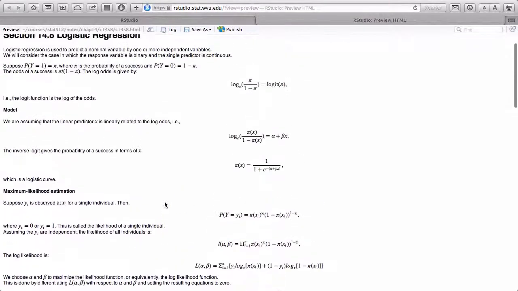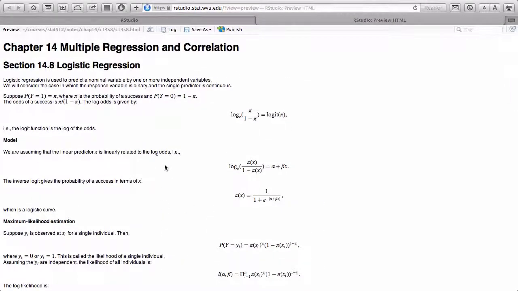So this gets into a little bit more mathematics. Suppose we let pi, not 3.14, be the probability of the success, or let's say y equals 1. The probability of y equals 0 then is 1 minus pi.